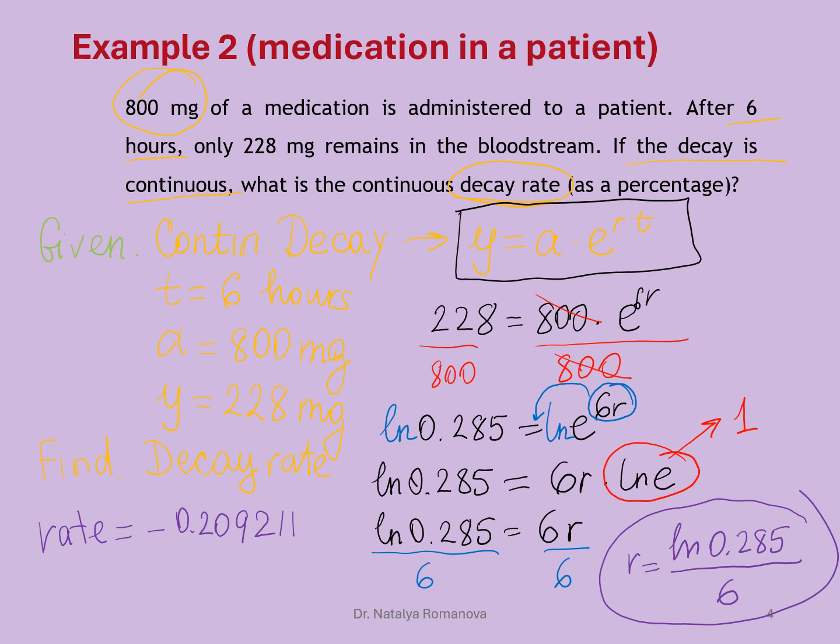So we convert to a percentage, and rate r equals 20.9211%. It is the answer for your quiz or exam.